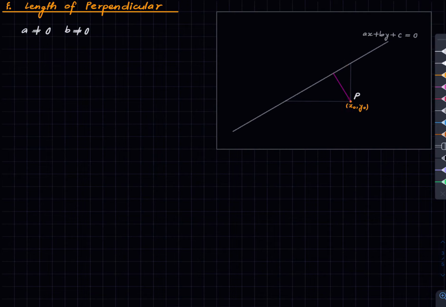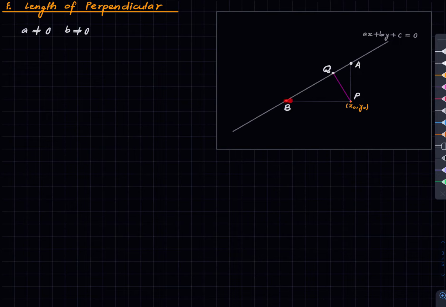All right, and let's label the figure. So the foot of the perpendicular be Q. This will be called B, and this will be called A. So the idea is we will find PQ by considering the area of this triangle. We can write down the area of this triangle in two ways.